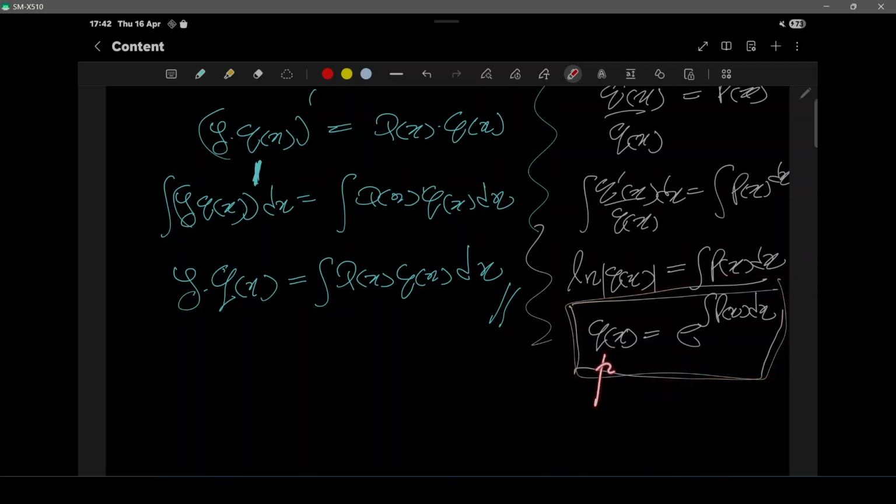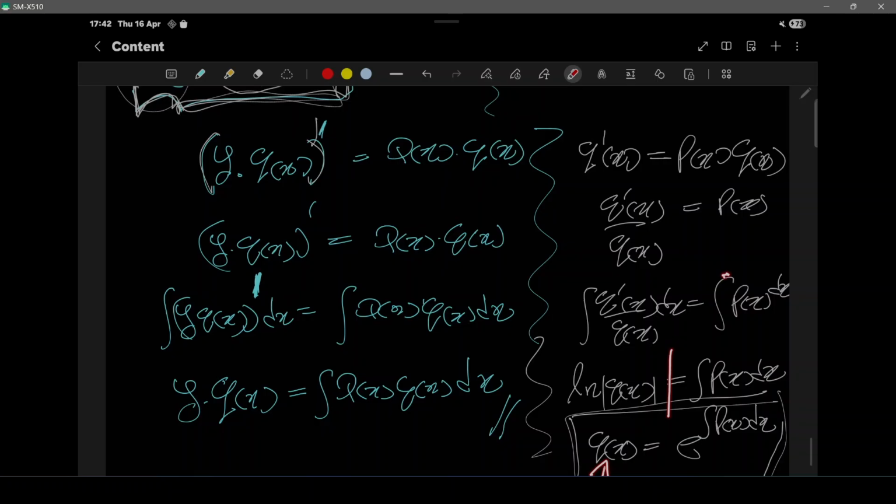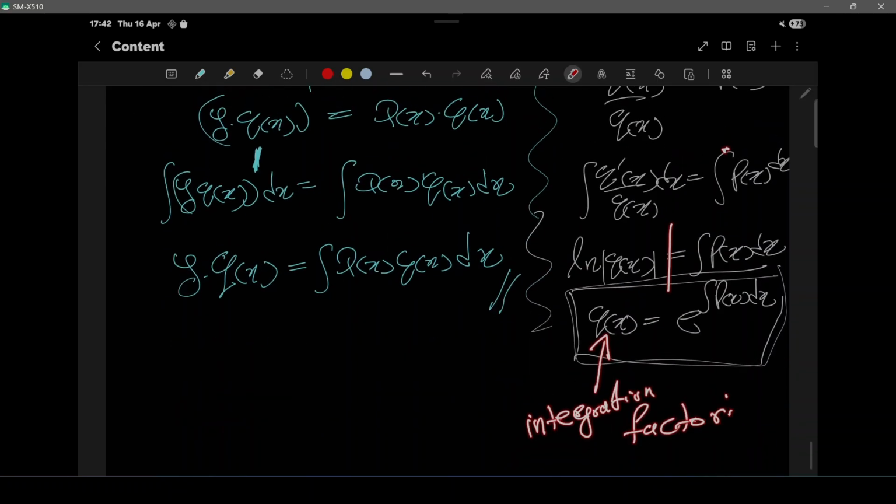We call this Q(x) the integration factor, since we multiply the whole equation by this Q(x). We also say this is the integration factor method. The integration factor method is used to solve first order linear differential equations.